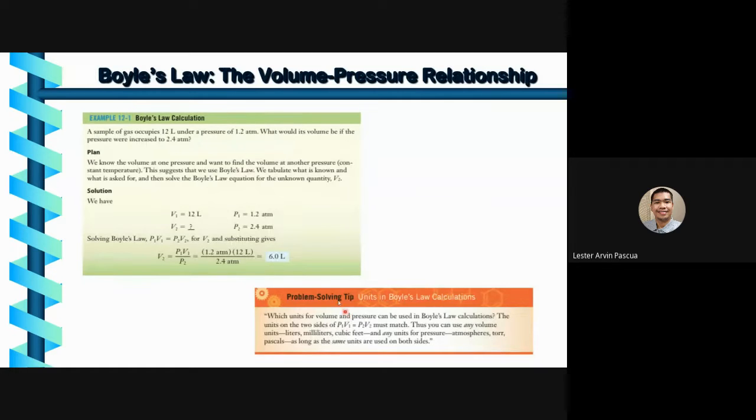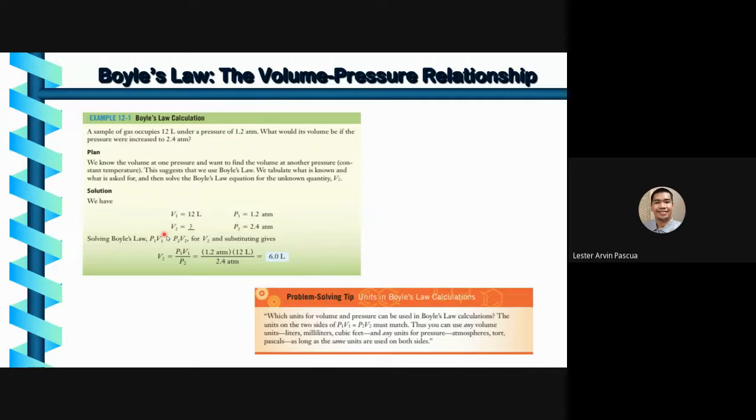Okay, so, you can also use the formula that we have earlier to determine kung ano yung magiging end up na volume mo. Example, kunyari meron kang gas na may volume na 12 liters under a pressure of 1.2 atmosphere. Ano daw yung volume na magiging resulta kapag in-increase mo yung pressure to 2.4? You just use your Boyle's law formula kanina.